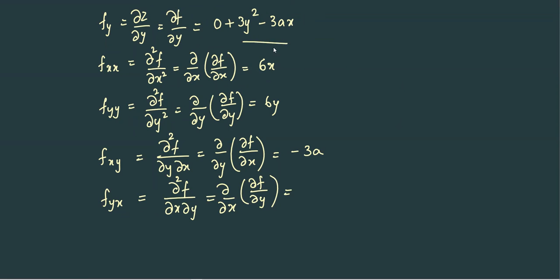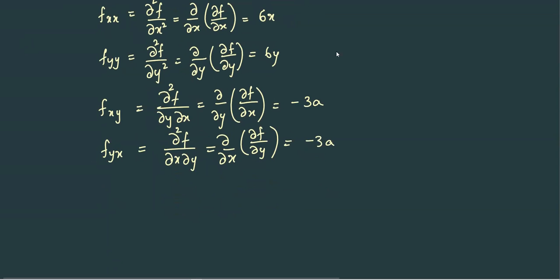So differentiating this expression with respect to x, again we get minus 3a. So here we see that these two are equal. Dou square f by dou y dou x is dou square f by dou x dou y. This is generally the case.